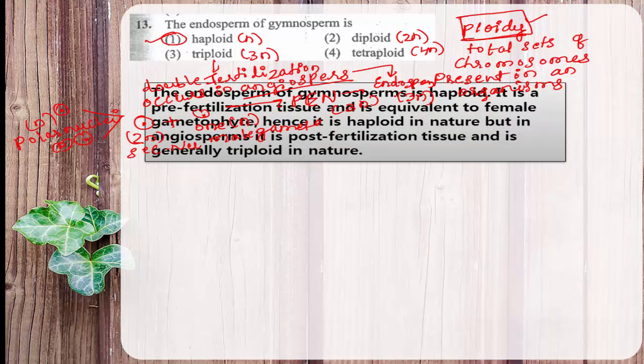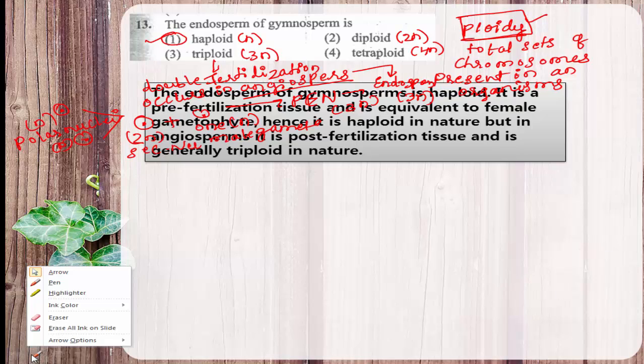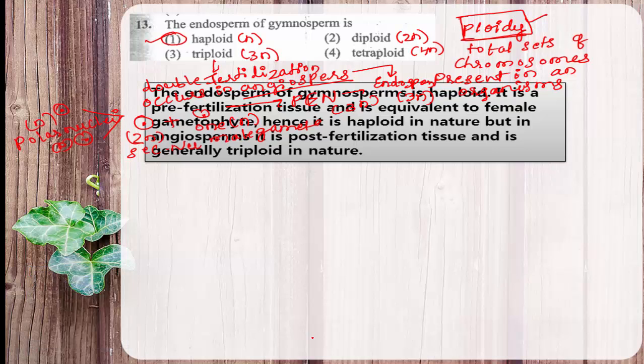And here is the answer. The endosperm of gymnosperms is haploid. It is pre-fertilization tissue. Why the endosperm is haploid? Here I will highlight the things so that you can clearly see the answer.